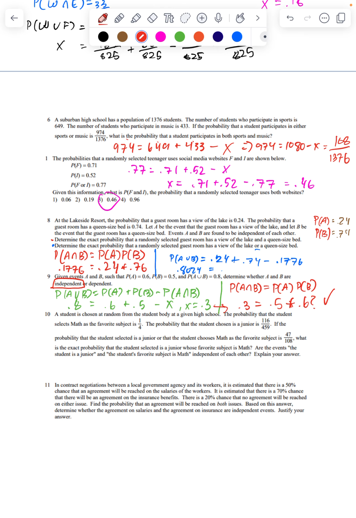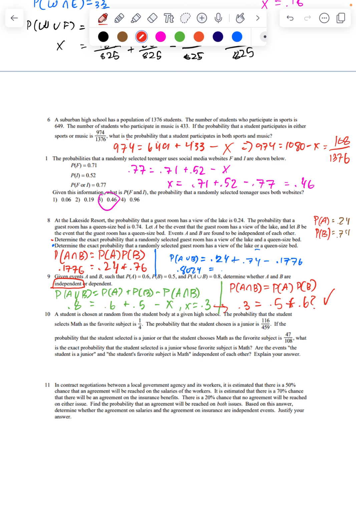Let's take a look at the next example. A student is chosen at random from the student body at a given high school. The probability that the student selects math as their favorite subject is 1 out of 4. The probability that the student chosen is a junior is 116 over 459.